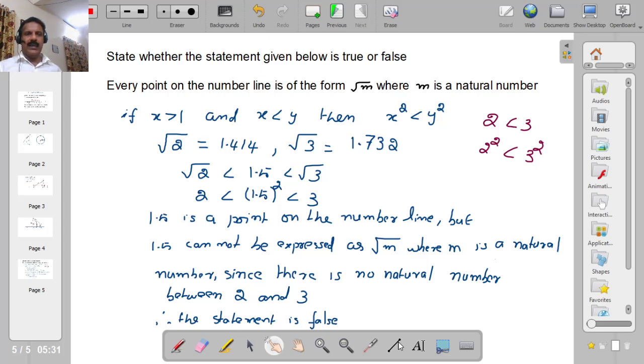Anyway, I am writing a simple proof to illustrate that this statement is false. If x is greater than 1 and x is less than y, then x squared will be less than y squared.